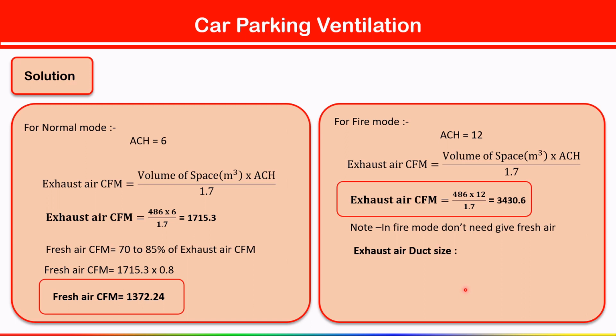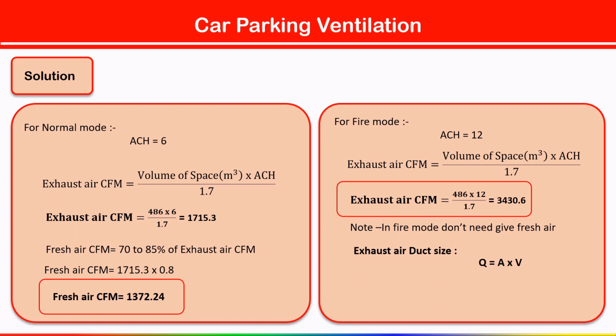Now, how to do the exhaust air duct size? I have told you we use the formula Q equals AV, the continuity equation. Here Q is the exhaust air CFM, which we calculated as 3430.6.